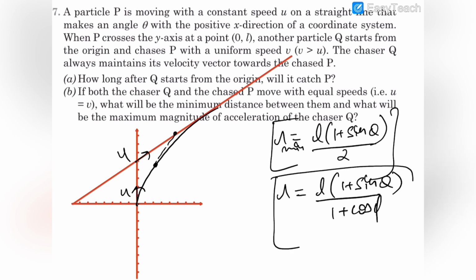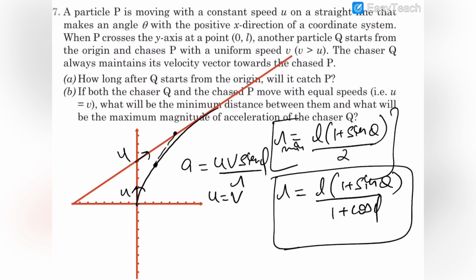This is the instantaneous r, which we have already derived. We have also derived the acceleration in the previous problem, that acceleration is a equals u v sine phi by r. In this case u is equal to v, so a is equal to u square sine phi by r.